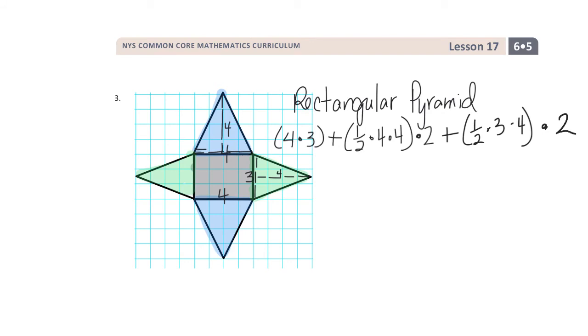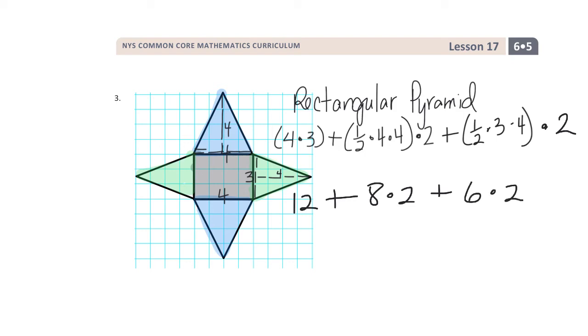So now I'm going to take care of what's inside the parentheses. In the first parenthesis, 4 times 3 is 12. Inside the second parenthesis, 1/2 times 4 times 4 is 8. And then I'm going to be multiplying that by 2 because there are 2 of them. And then inside the other parentheses, 1/2 times 3 times 4 is 6.